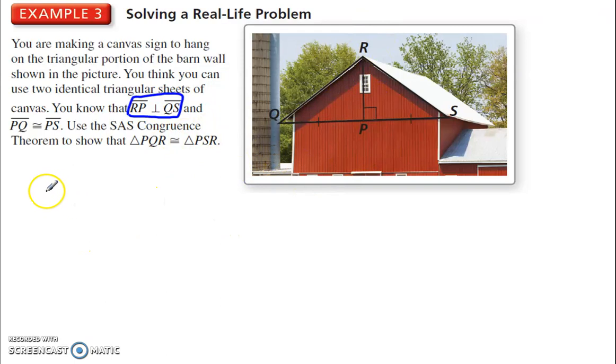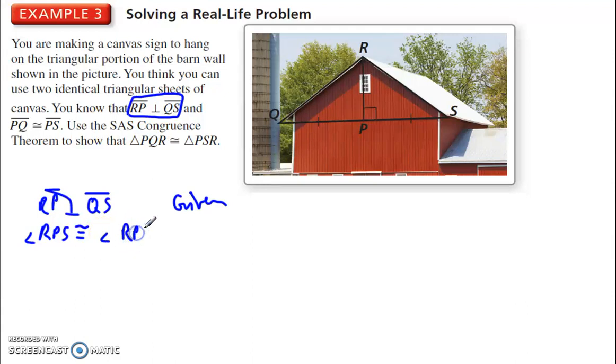So we know that given that RP is perpendicular to QS, given, and so we can conclude that angle RPS is congruent to angle RPQ because perpendicular lines, which makes it 90 degrees.